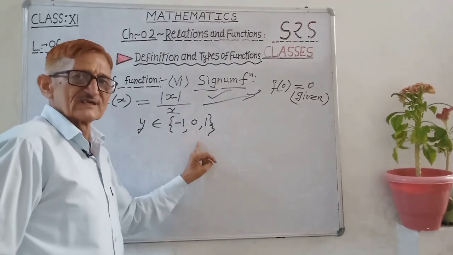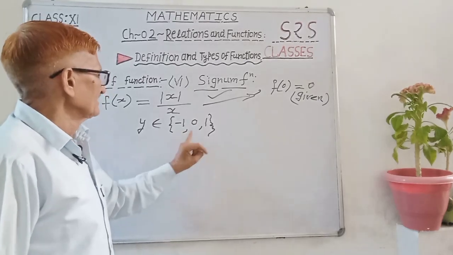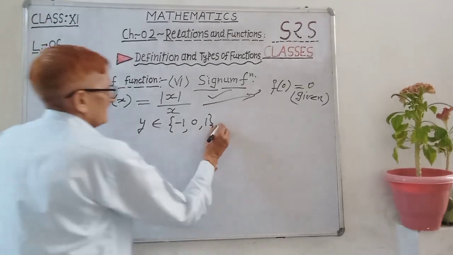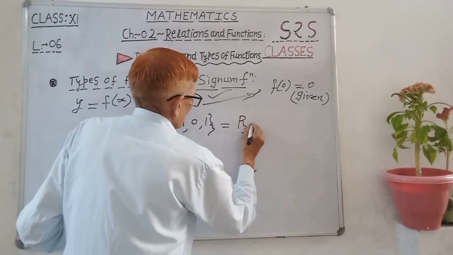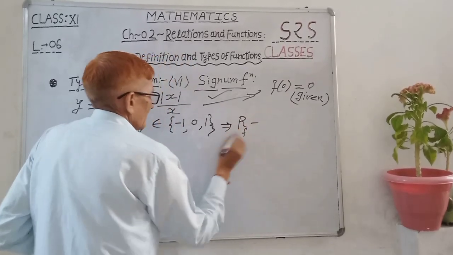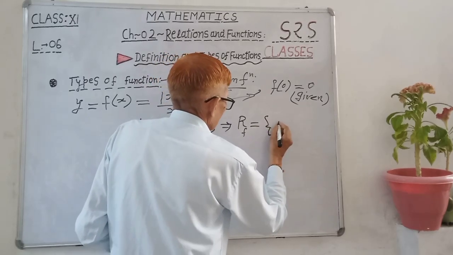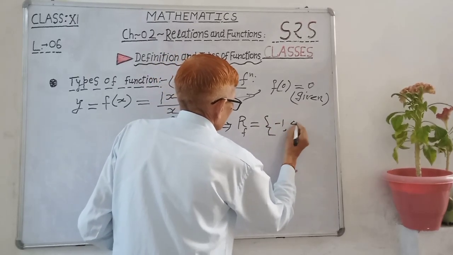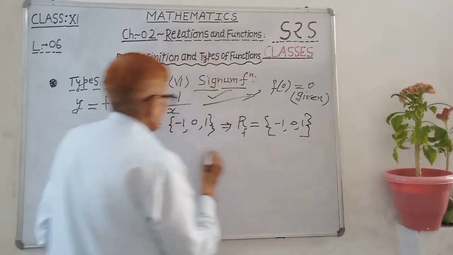So there are 3 elements in the range set: -1, 0, 1. So the range of this function is the fixed set {-1, 0, 1}. A 3-element set is the range set of this.